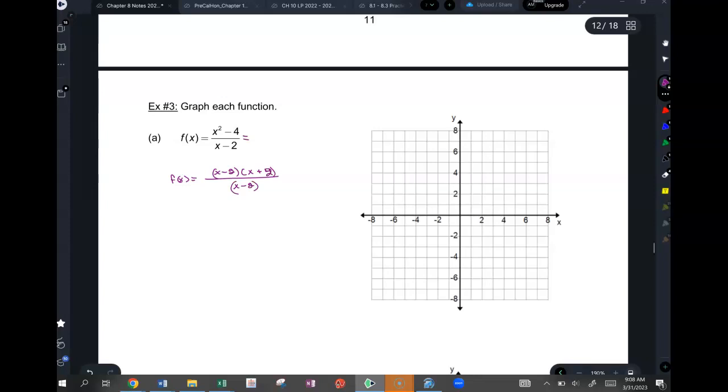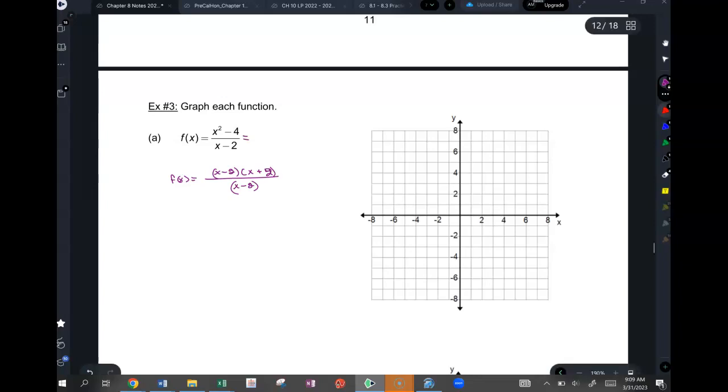Okay? Now, the minute we saw this, we also knew at x equals 2, something bad happens, right? X can never equal 2. But when we factor, you see that, wait a minute, the x minus 2's cancel, right?